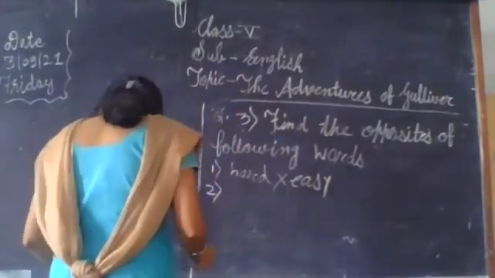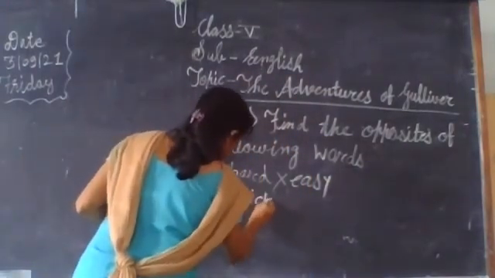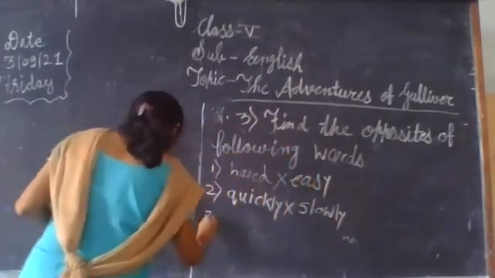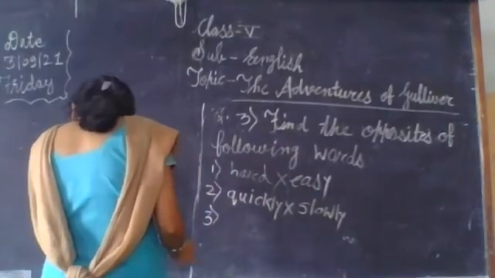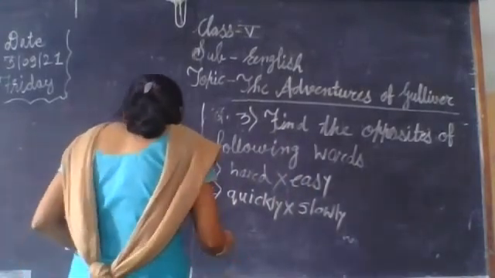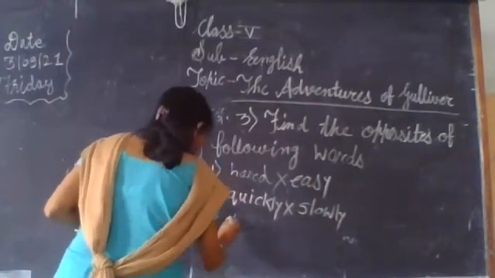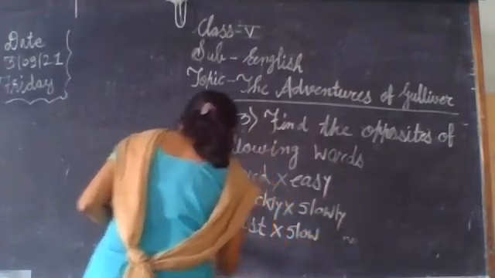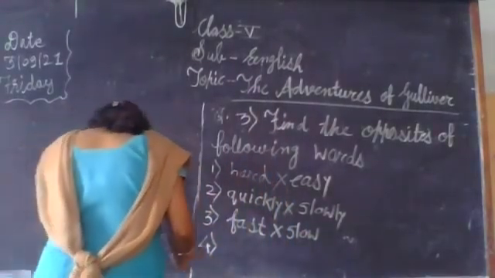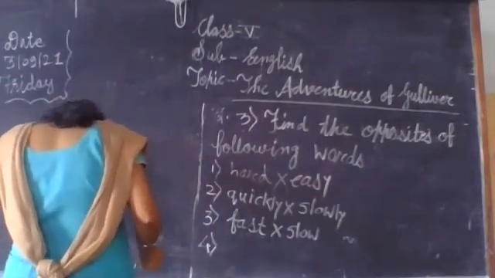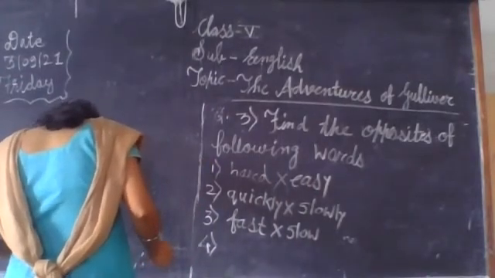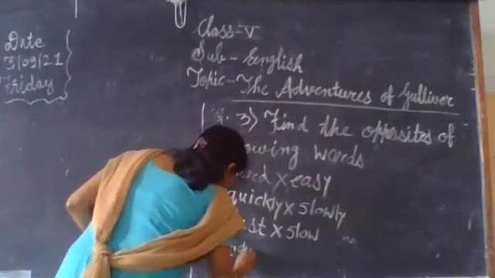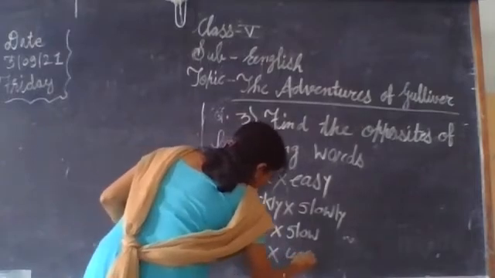Second, quickly, opposite slowly. Fast, opposite slow. Number 4, tidily, opposite untidy.